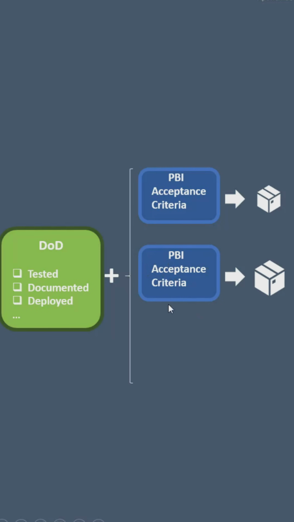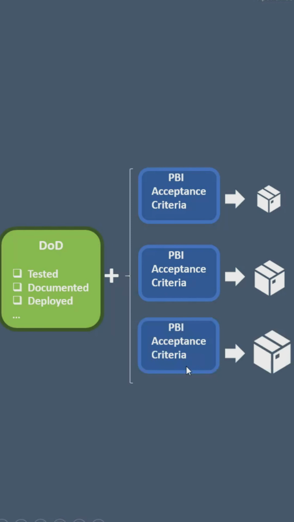So we add another PBI plus the DoD, and again, into that increment. And you notice the box gets a little bigger, and that's what this box is meant to represent, the increment, but we're adding to that increment. Do another one. So here we are, it's the third one, and again, the DoD and the PBI acceptance criteria are part of the increment. So the increment here has grown larger, and that's because we've added more PBIs.